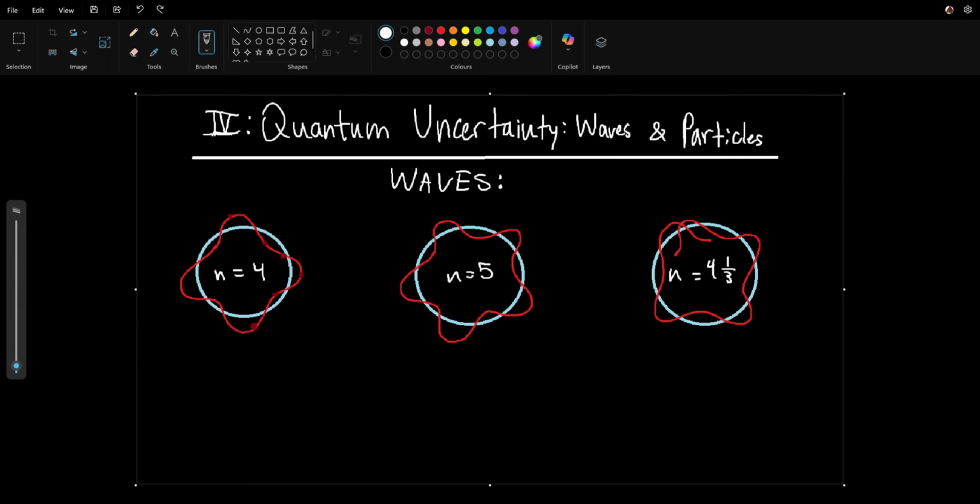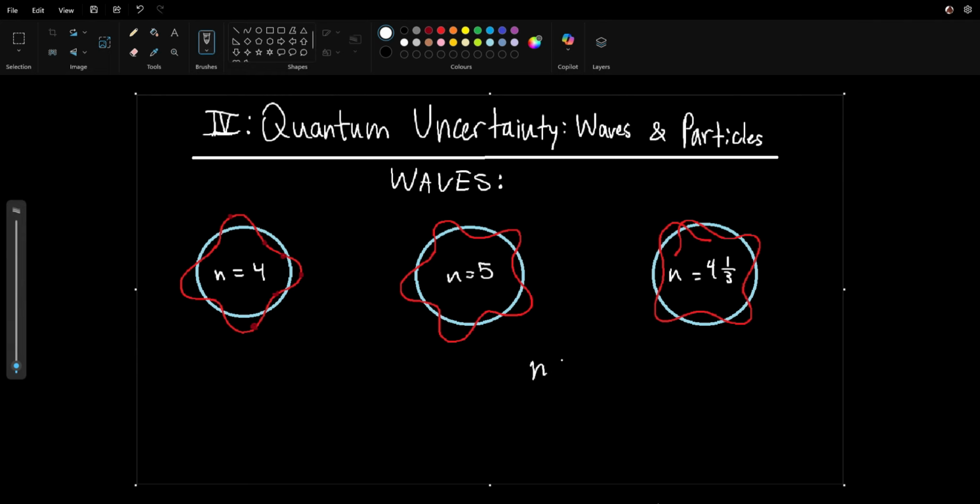Basically, this demonstrates that the electron doesn't have to move in a specific circular orbit around an atom, or sorry, a nucleus, but instead it can move on this orbital path going in the form of a wave. And the wave will perform constructive or destructive interference when n is not a whole number, right? Or it's not a natural number.